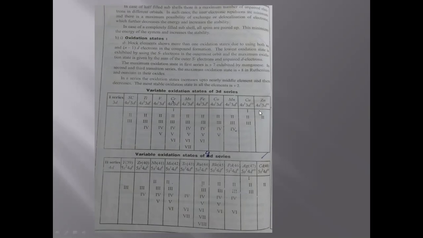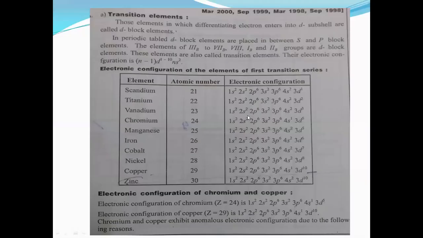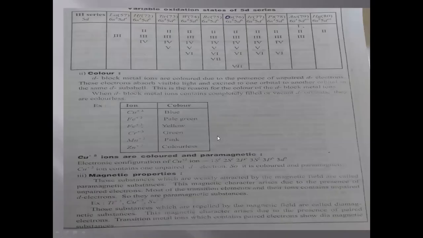So after removing 2 electrons from the outermost shell, there are 10 electrons in d sublevel, and all are paired. So that is the reason why zinc cannot exhibit any color.